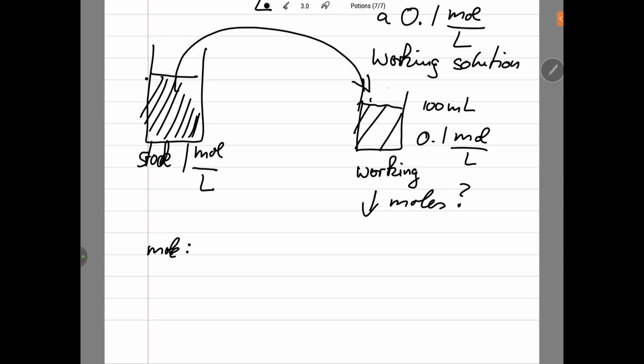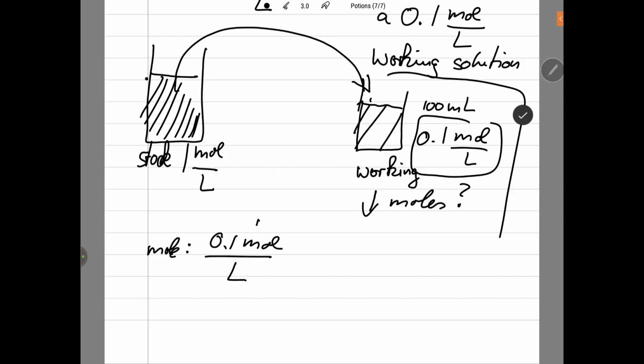Do we have in our givens here anything with moles? Mole per liter. So we have 0.1 mole per liter. That's this guy here. So the moles are in the right place. Great. I have to deal with the liter. Need to get rid of the liter. Do I have anything with liter?